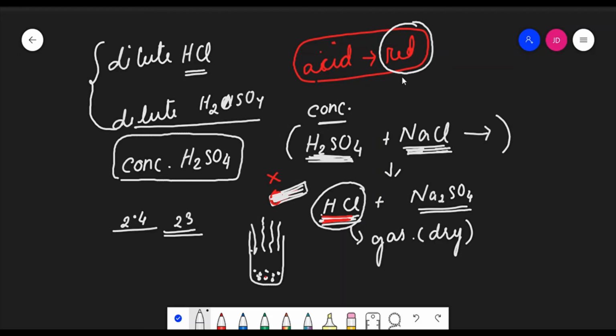Acidic meaning what? It behaves like an acid. It may be an acid or it may behave like an acid. Here HCl gas is not turning it red, so it's not behaving like an acid. To behave like an acid, what did it need? It needed some amount of water. So why? Let's see the reason here.